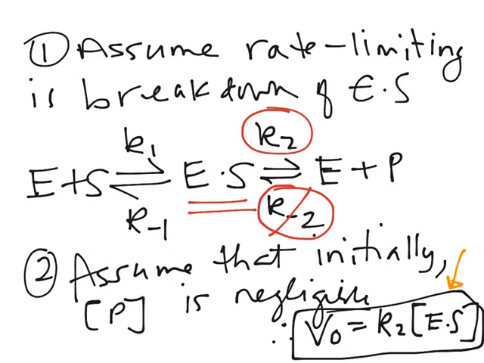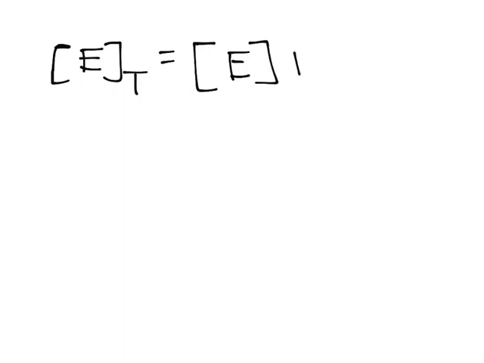So therefore, we want to rewrite the concentration of the enzyme substrate complex in terms of things that we can measure, in particular, the concentration of substrate. So let's see what we know. We know that the total amount of enzyme is going to be the total amount of free enzyme, not bound to anything, plus any amount of that enzyme that's part of the enzyme substrate complex.